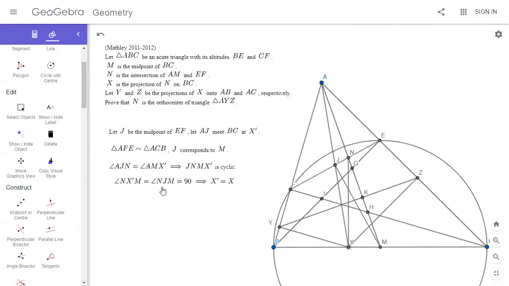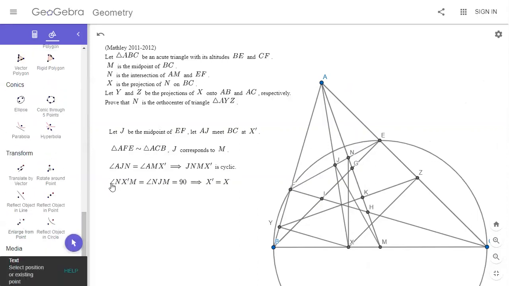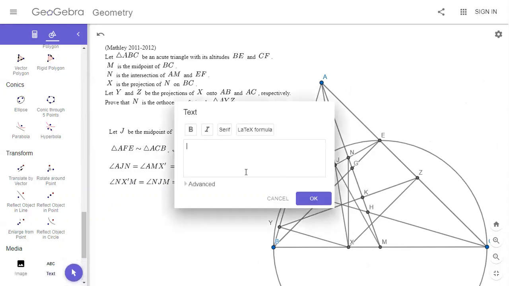And once we know that, then we have FN over NE is equal to CX over XB, which is equal to BY over YF.